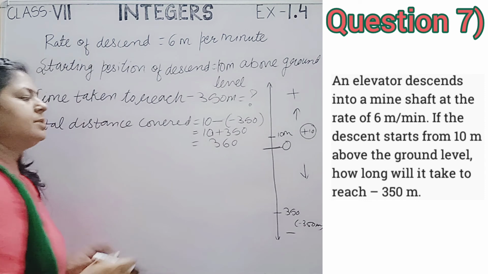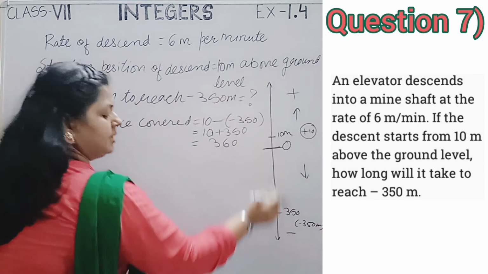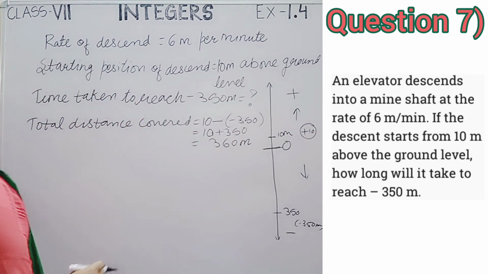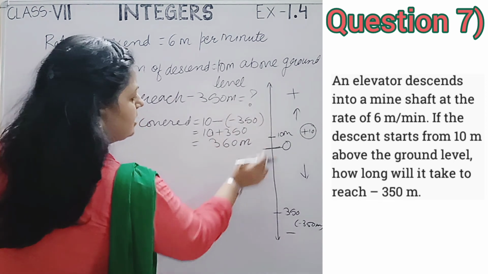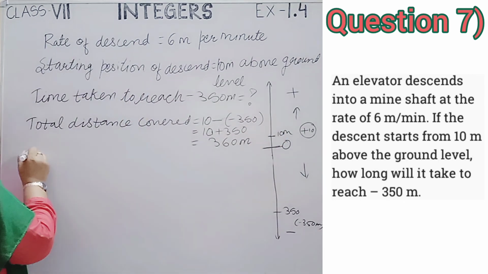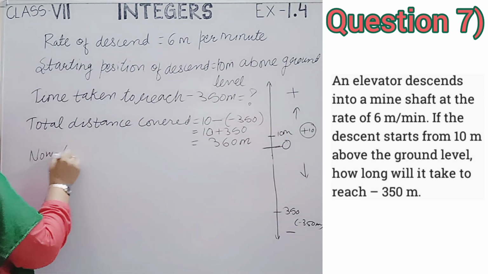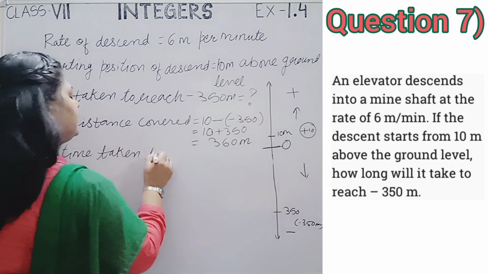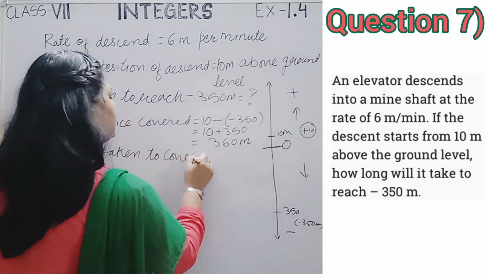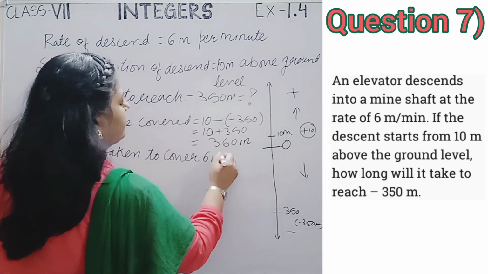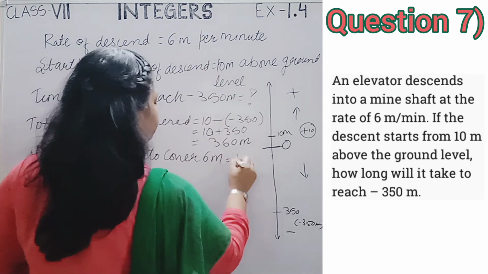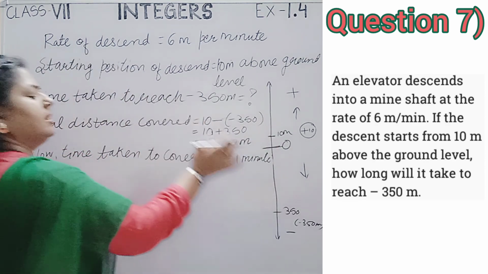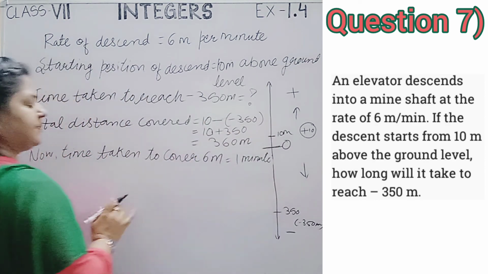It means total distance from here to here is 360 meter. Now time taken to cover 6 meter: to cover 6 meter the time is 1 minute. It means in 1 minute it covers 6 meter.